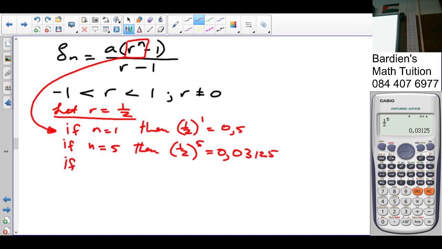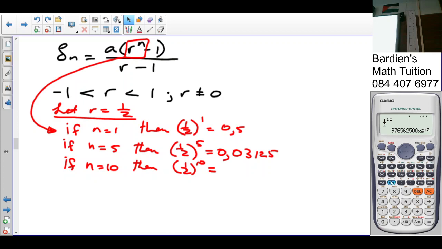What if n is 10? It will be a half to the 10. To get it in normal decimal, we press shift. You'll see on top of this engineering button here there's an arrow to the back.